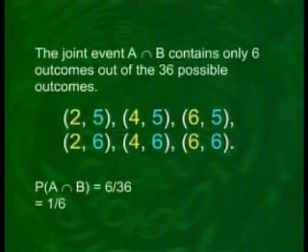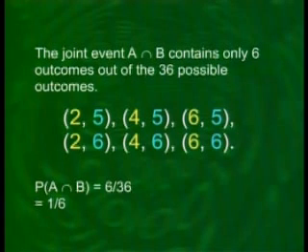If you look carefully, you find that there are 6 outcomes which favor this joint event, and they are 2,5, 4,5, 6,5, 2,6, 4,6, and 6,6. The reason is that the first number represents the outcome on the red die, whereas the second number represents the outcome on the green die.